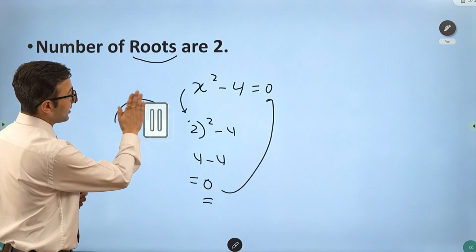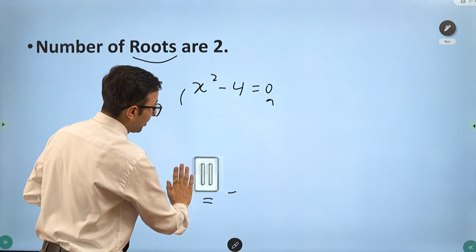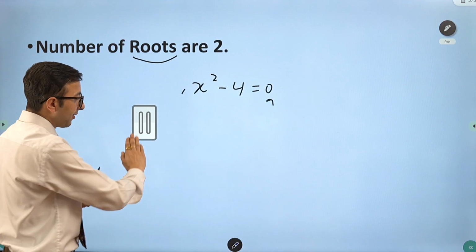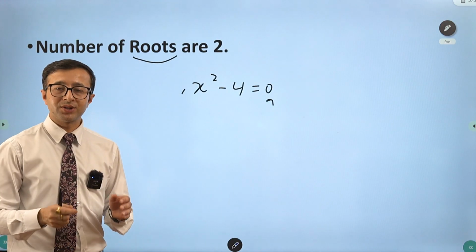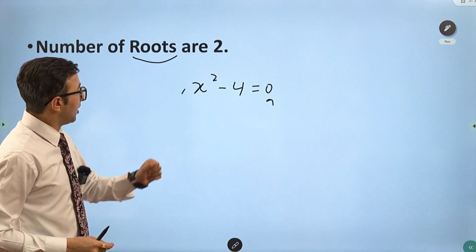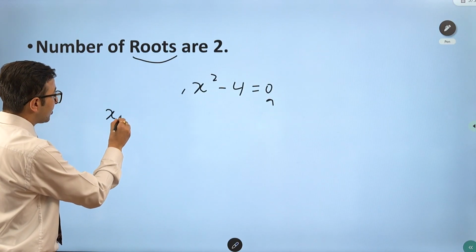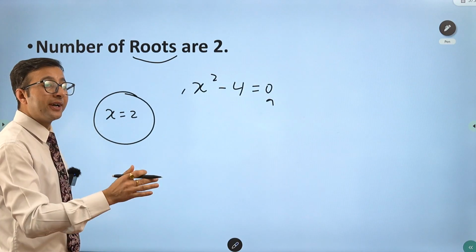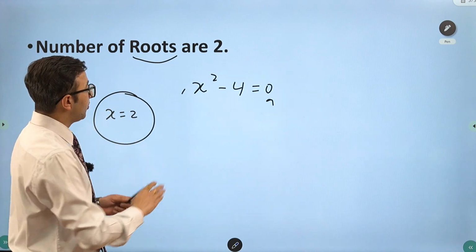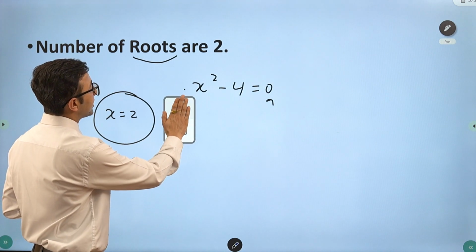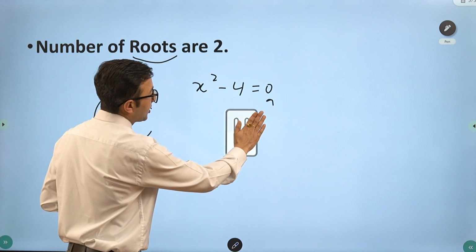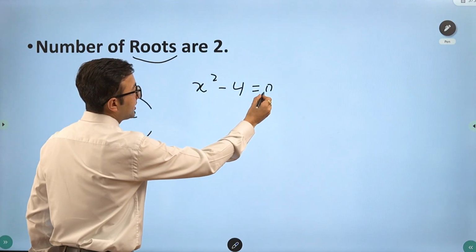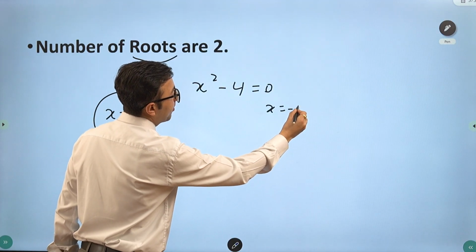x square minus 4 is equal to 0. Now we have said that in case of a quadratic equation, the number of roots is 2. But we have seen that x equal to 2 has already satisfied this equation. Do we have any other value that satisfies this equation? For that, just take x equal to minus 2.